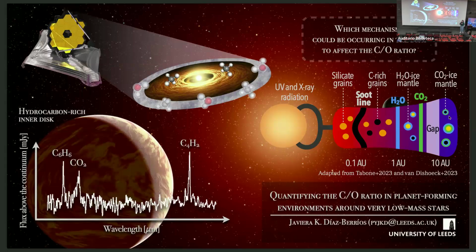One of the potential scenarios that we are considering is episodic accretion that could release carbon into the gas phase before all the observations. If you are interested in anything related to this, my poster is number 14, in the corner. Thank you.